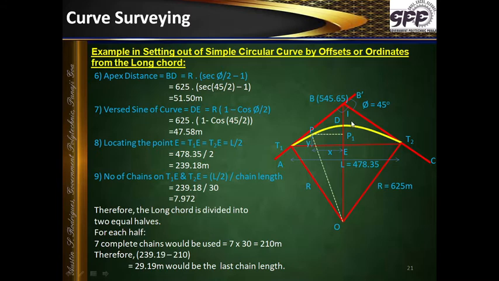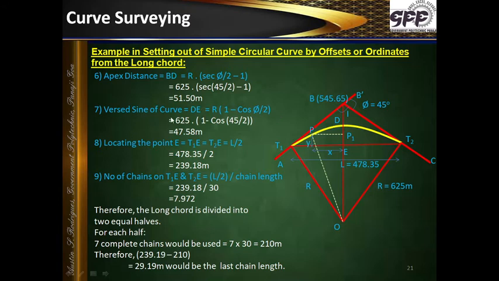Going ahead, we calculate the apex distance. The apex distance is distance BD. The distance BD is R into sec phi by 2 minus 1. That's the formula. R is 625 into sec of 45 degrees divided by 2 minus 1. So the apex distance, this distance comes equal to 51.50. The distance BD comes to 51.50 meters.